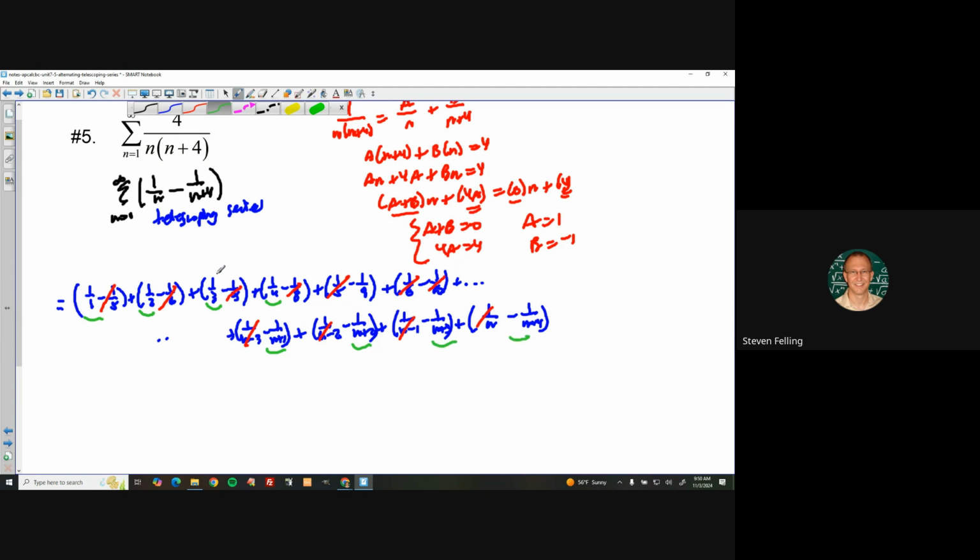to match the 4 that were at the beginning, which means that the rule for the nth term is going to be 1 over 1 plus 1 over 2 plus 1 over 3 plus 1 over 4, minus 1 over n plus 1 minus 1 over n plus 2 minus 1 over n plus 3 minus 1 over n plus 4.